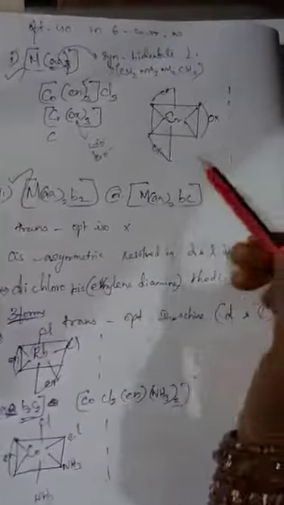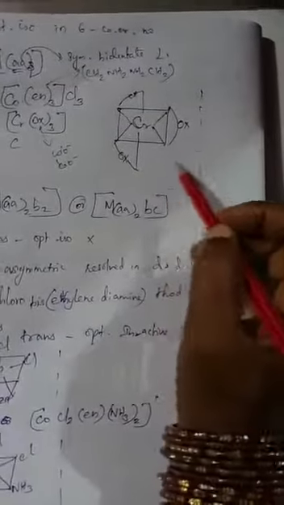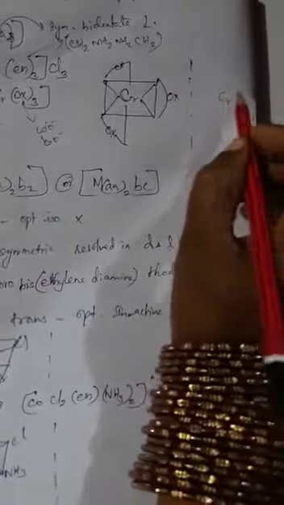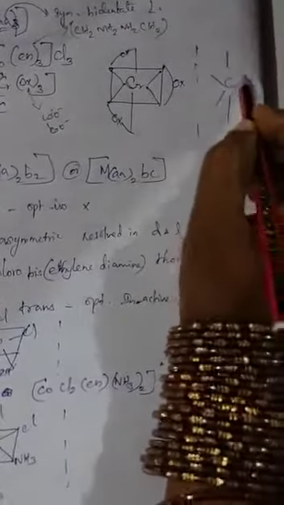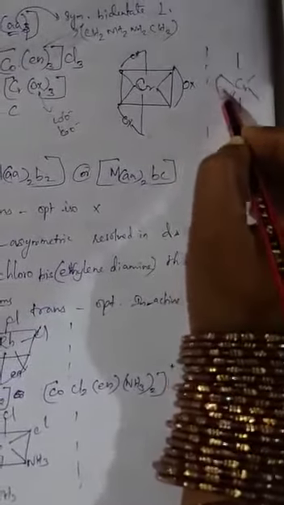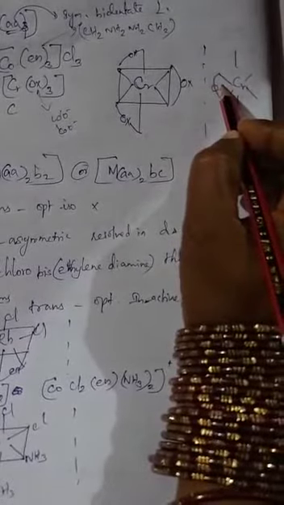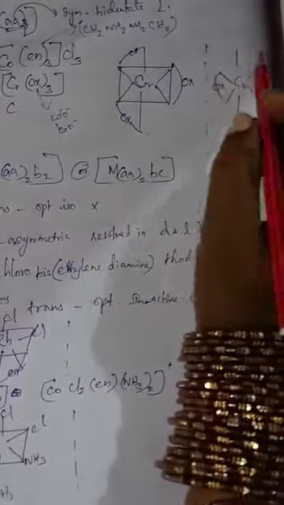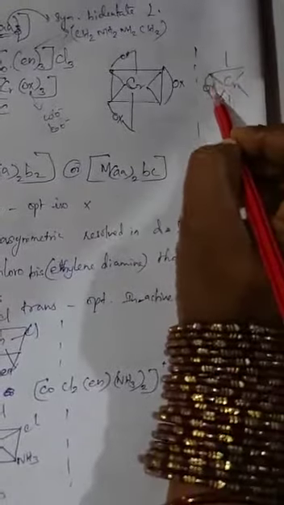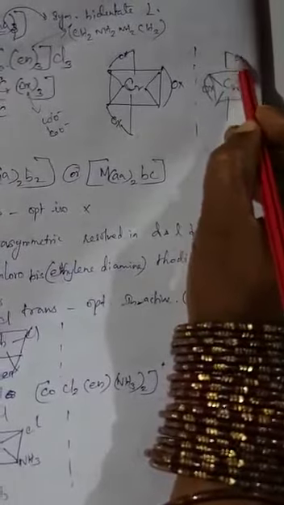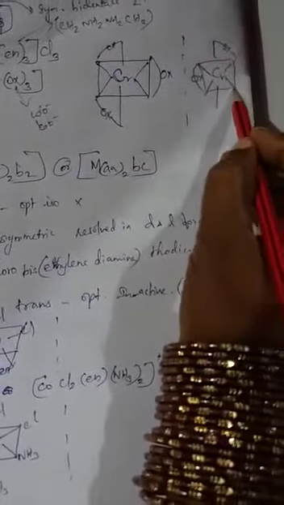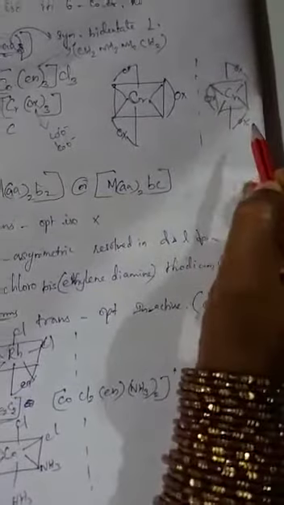See, if it has a mirror image, what will happen? Chromium, 6 coordination. Here the mirror image means just the opposite. Here one oxalate ligand, here one oxalate ligand.